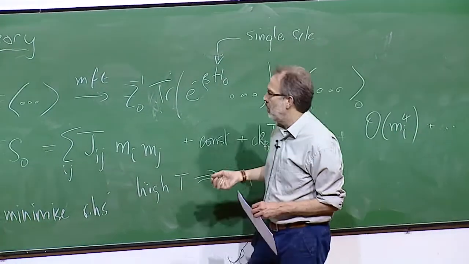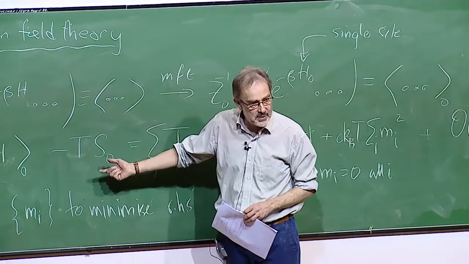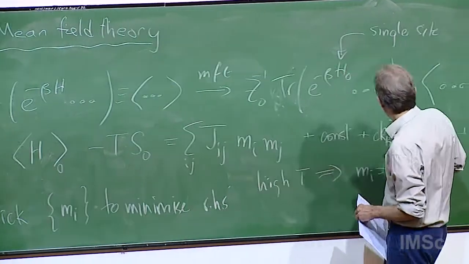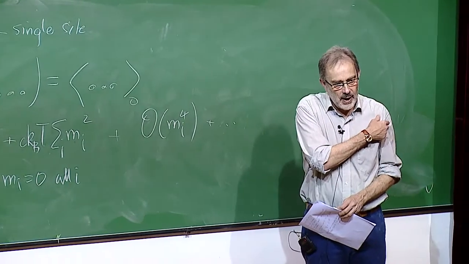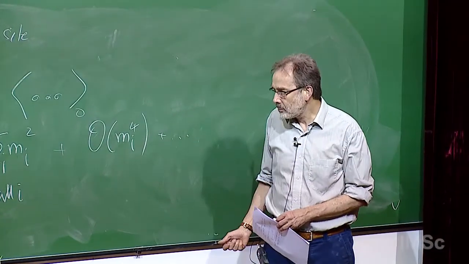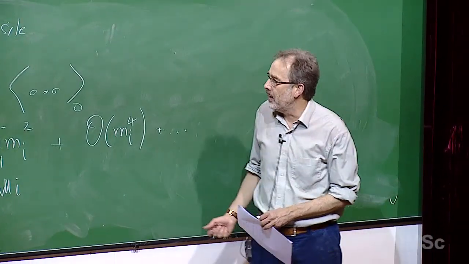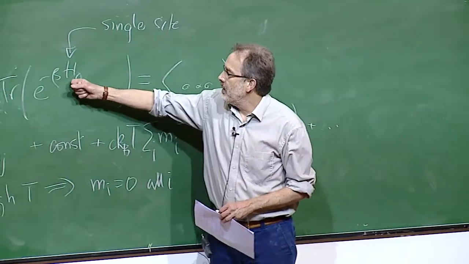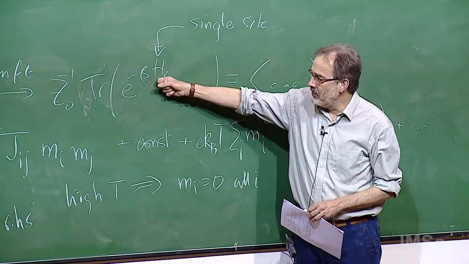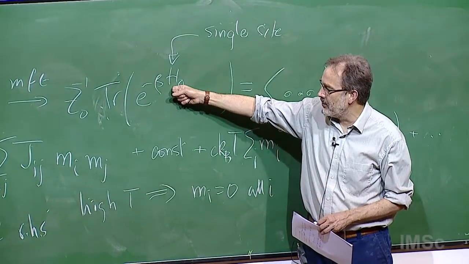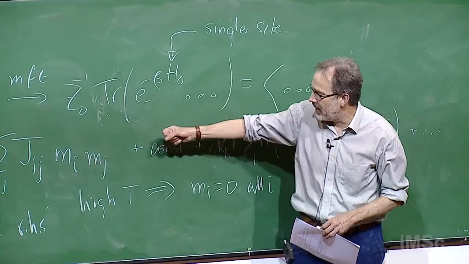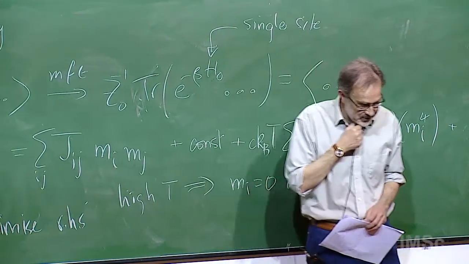Right. Well, first of all, it's a single site term, so it should be a square of contributions from each site. And then in the single site Hamiltonian, we have some exchange fields, but whatever they are, we're parameterizing their effect in terms of the magnetization.